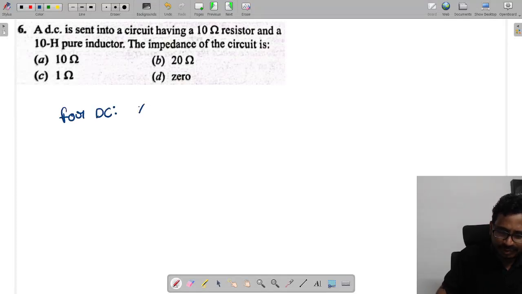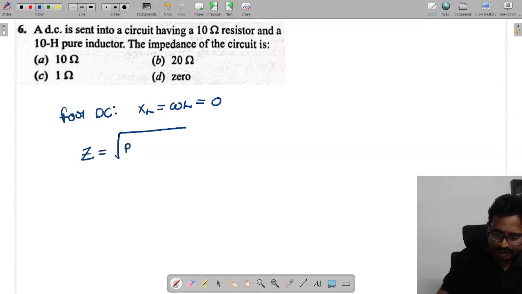For DC, what is the reactance? XL is equal to omega L, and omega is 0 now, so XL is 0. So the impedance, which is square root of R square plus XL square, is simply R only. That is, the impedance of the circuit is 10 ohms.